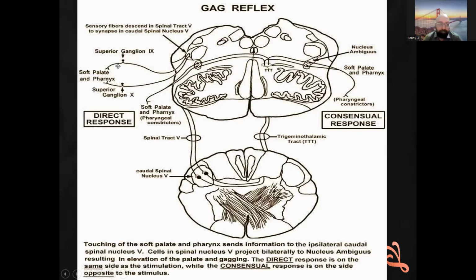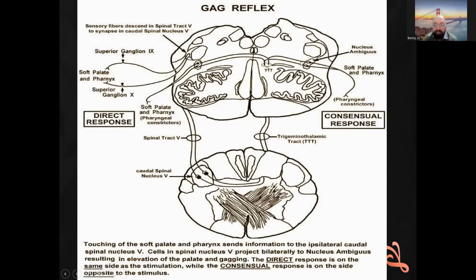So the sensations from the soft palate and the pharynx pass through the superior ganglion and the glossopharyngeal nerve. You can see it comes to the spinal nucleus of the spinal tract of the trigeminal, and from there it is projected to the nucleus ambiguus.